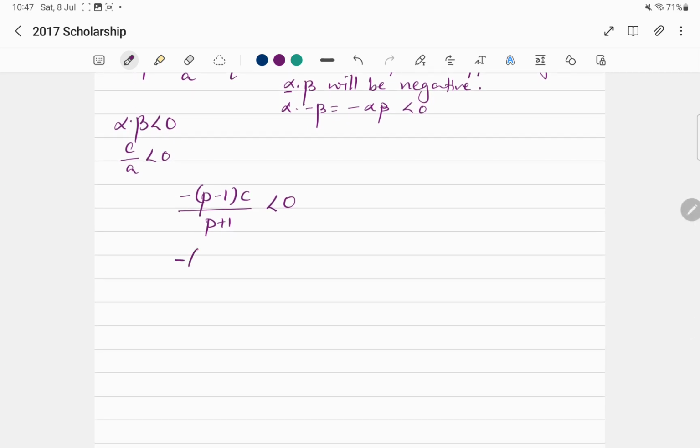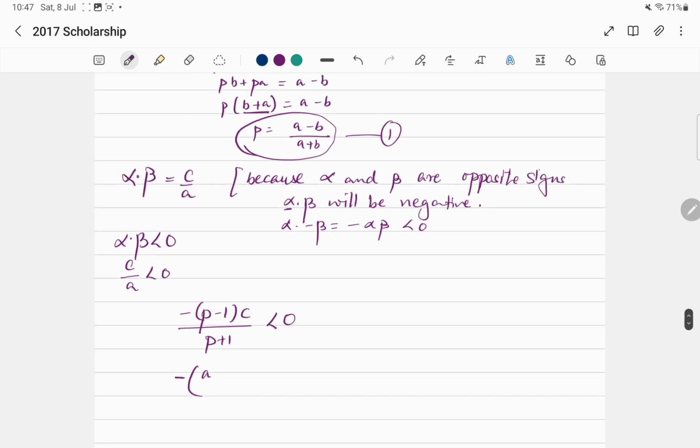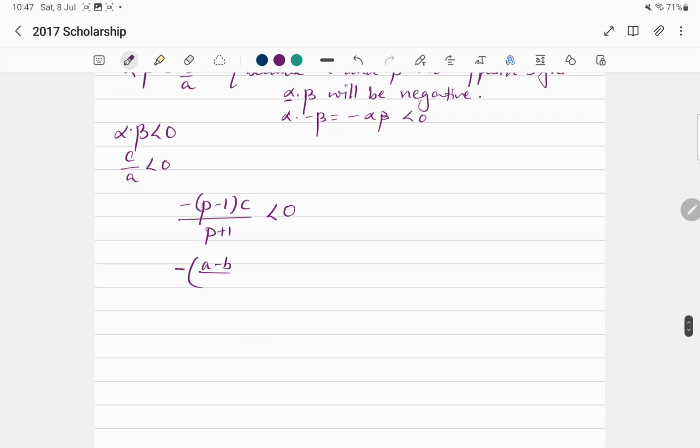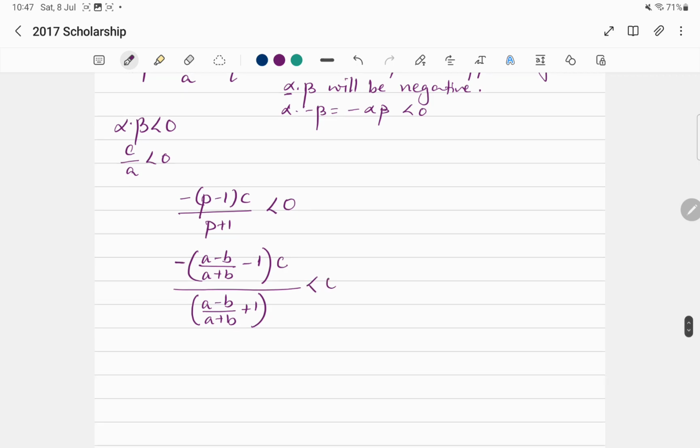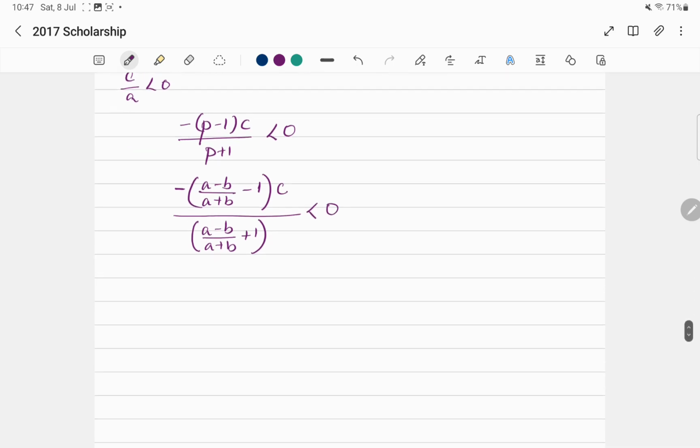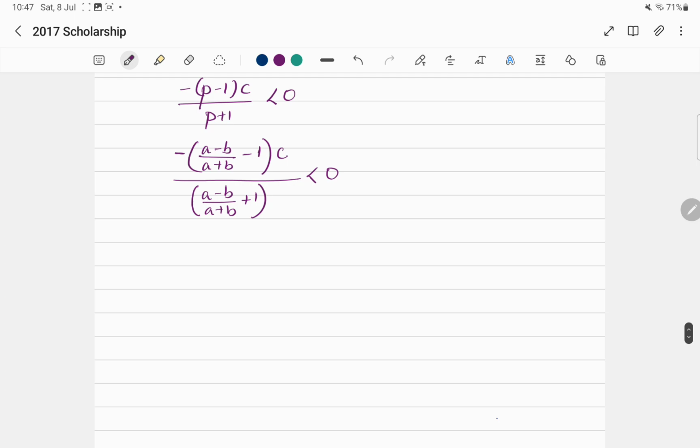So minus of A minus B over A plus B minus 1, and then over the same thing, A minus B over A plus B plus 1. Okay, and this is all less than 0. That's going to be an interesting solution, so stay with me. So let's do the numerator.